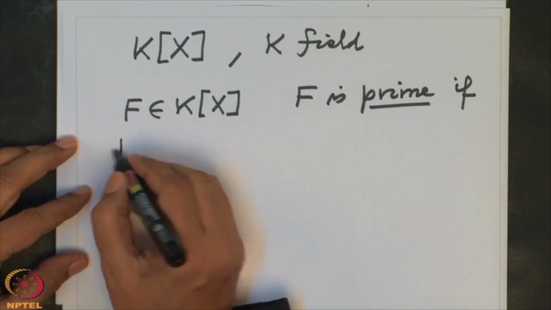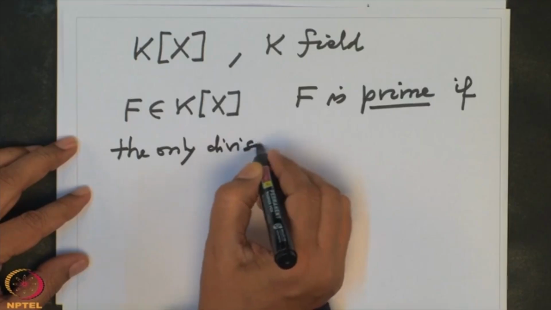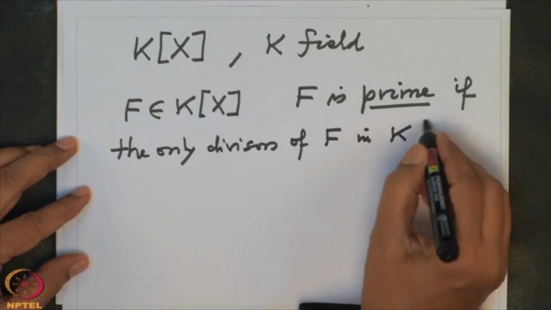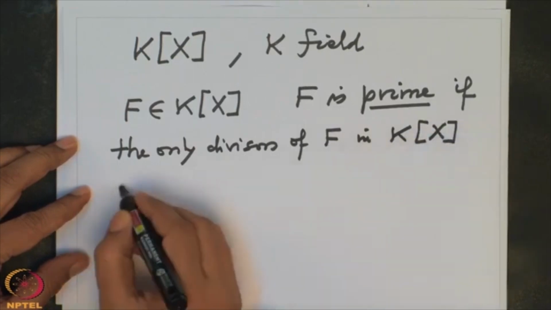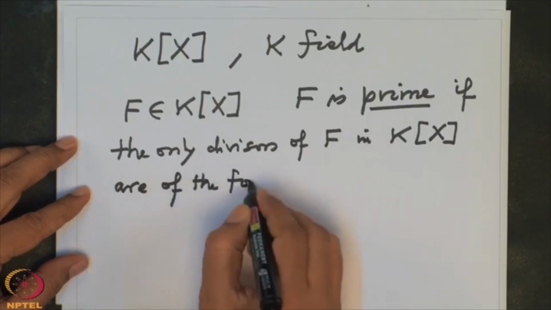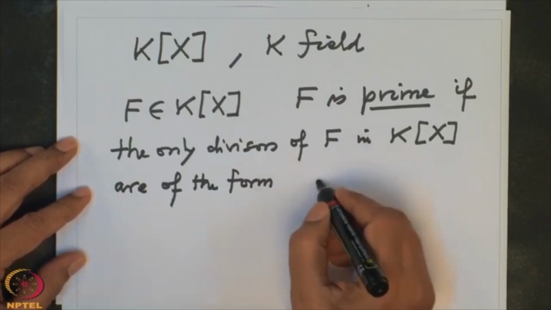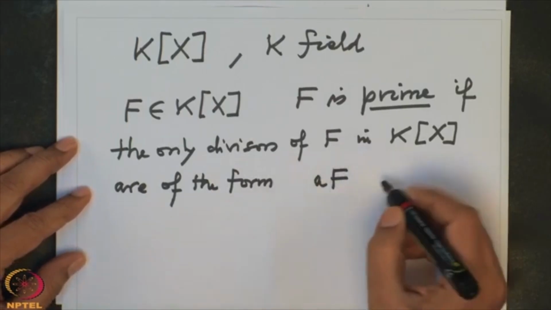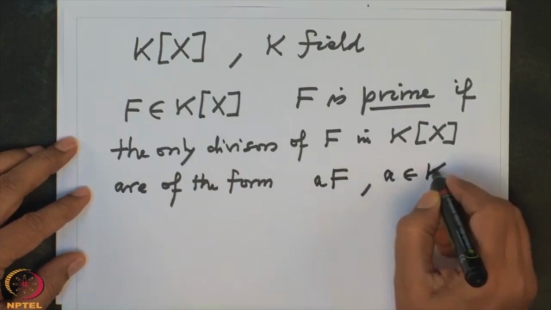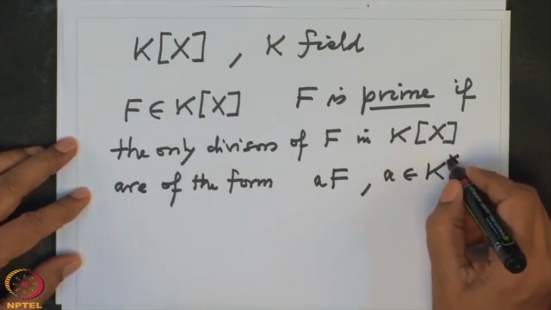If the only divisors of F in K[x] are of the form a times F, where a varies over the non-zero elements of the field, that is K cross.